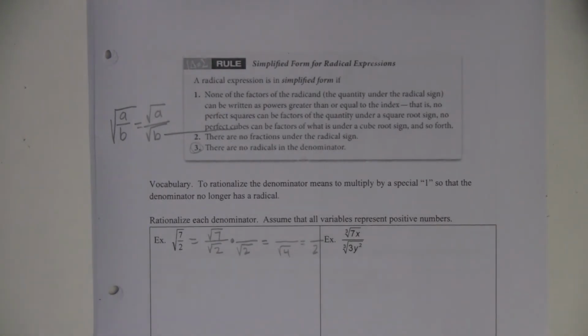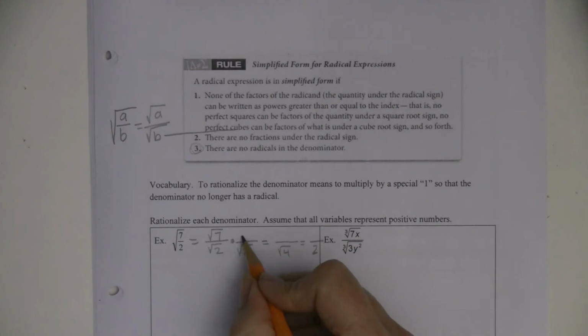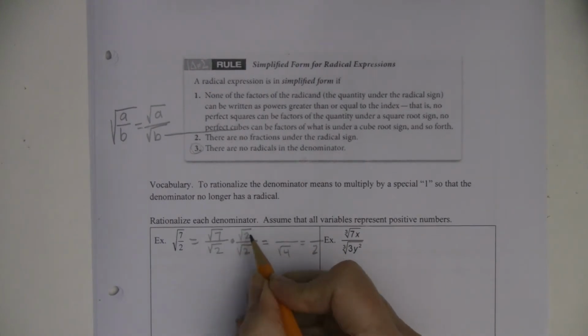See how I trickily got rid of the radical in the denominator. Now you're not just allowed to multiply a denominator by the square root of 2. You can't do that. Whenever you have a fraction, you can multiply by 1. And so that would be the square root of 2 divided by the square root of 2. This is equal to 1.